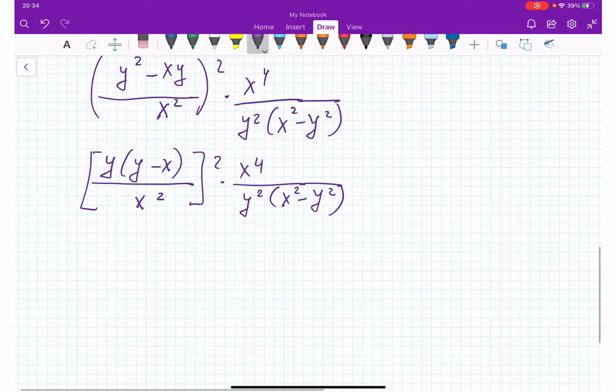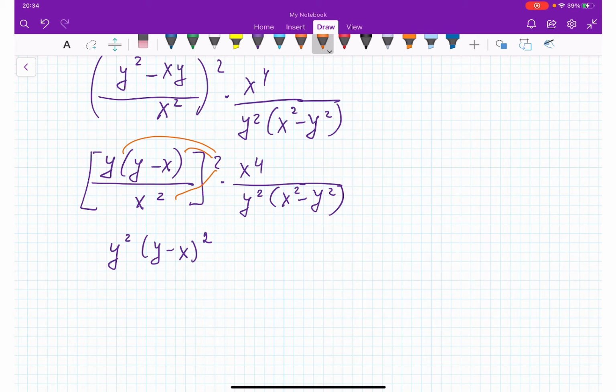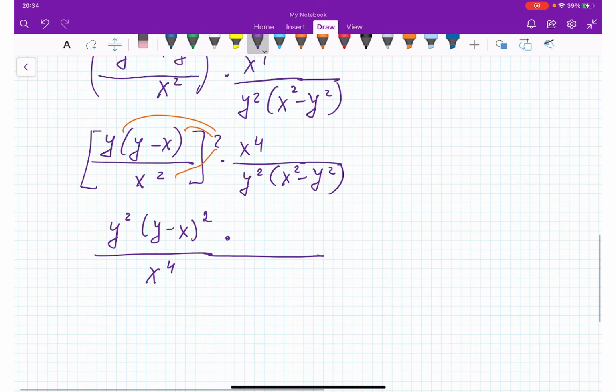Now we need to square every single term, which is going to be y squared times y minus x squared, right? Which means I am distributing the square to every single term. And I'm getting here x to the 4. Well, we can multiply, might as well, times y squared. And what do we get?